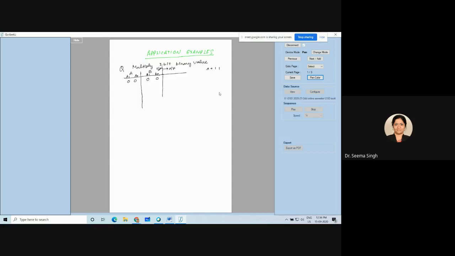Highest 2-bit number A can be 1 1 and highest 2-bit number B can also be 1 1, right? So 1 1 means 3, and this 1 1 also means 3. Now when you have this 3 and 3, the multiplication of 3 and 3 is 9, right?